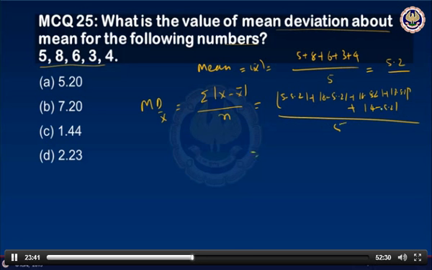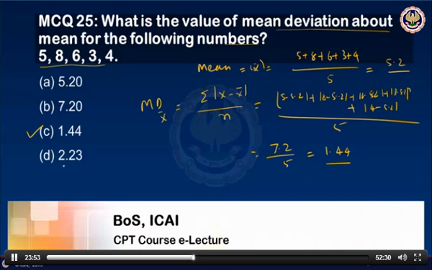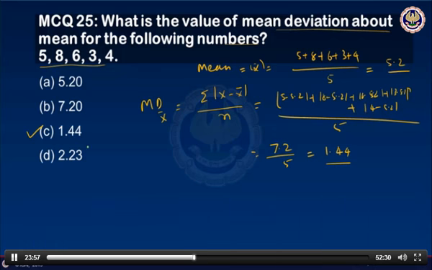If you look at all, the sum of these deviations is 7.2 by 5, that is 1.44 is the answer. That is, the mean deviation from mean is 1.44 for this data. So option C is the correct answer.